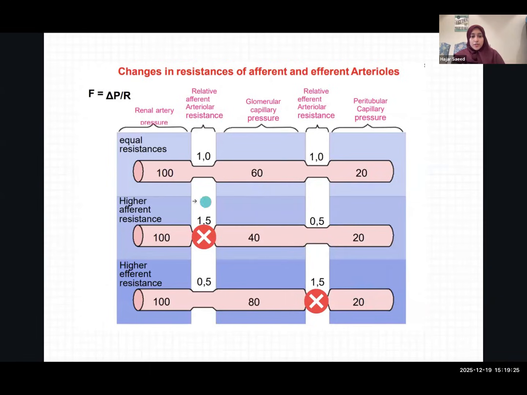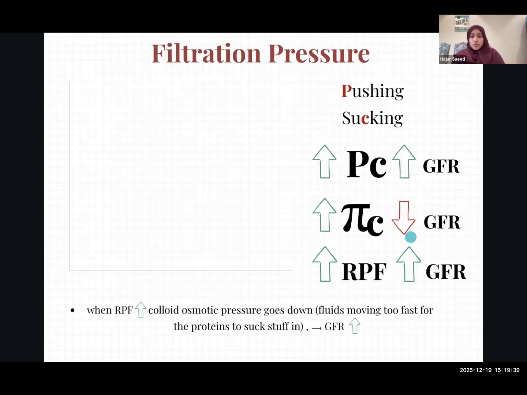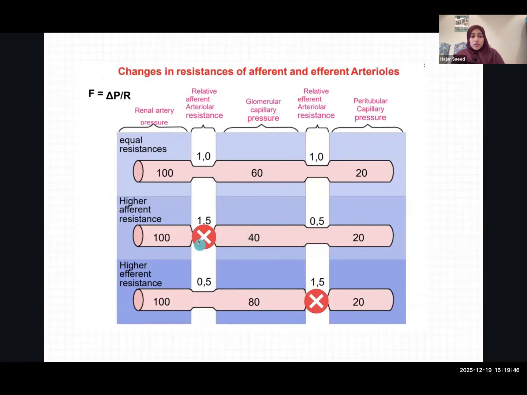This is your normal capillary. If you pinch this area right here, plasma flow inside is going to go way down. You're constricting it. It's like constricting a pipe, basically. You're going to have less flow. And like I said before, when renal plasma flow goes up, GFR goes up. So when renal plasma flow goes down, GFR goes down. So if we constrict the afferent arteriole, renal plasma flow goes down, and thus GFR goes down.